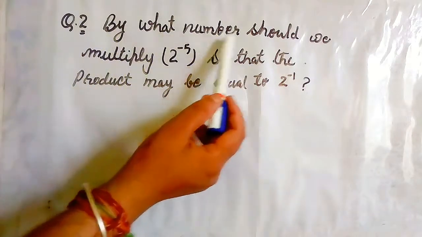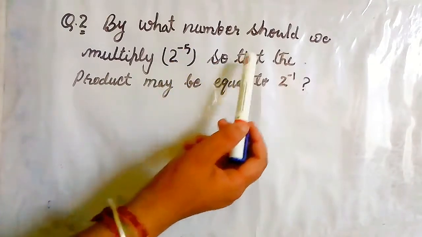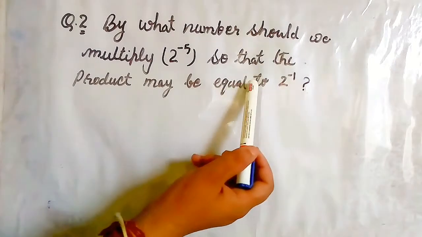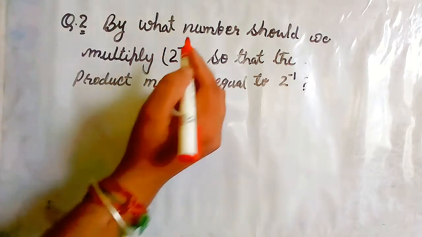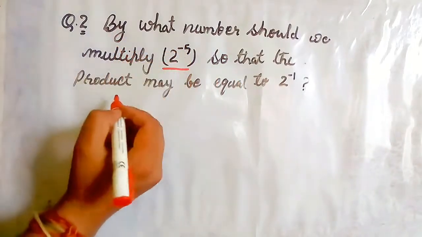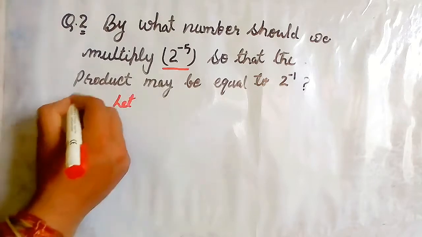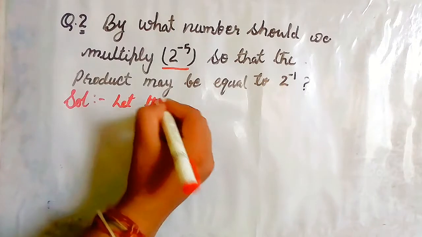Now let us see one more question. By what number should we multiply 2^-5 so that the product may be equal to 2^-1? First of all, read the statement properly. What number should we multiply with 2^-5? So let that number be x.